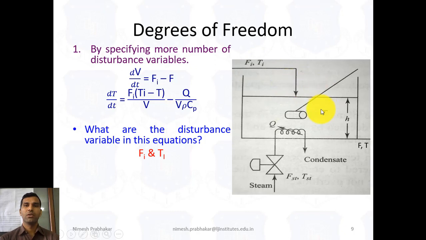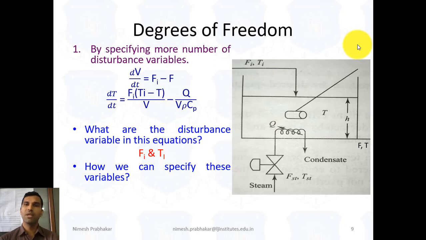Disturbance also occurs due to F and T, but we consider only these 2. So here we specify Fi and Ti as disturbance variables. The question also occurs: how can we specify these variables? The answer is by direct measurement.